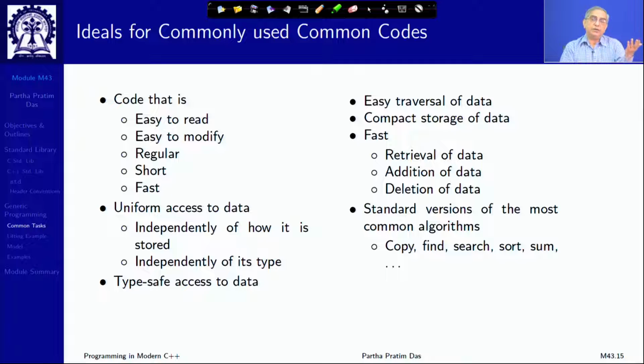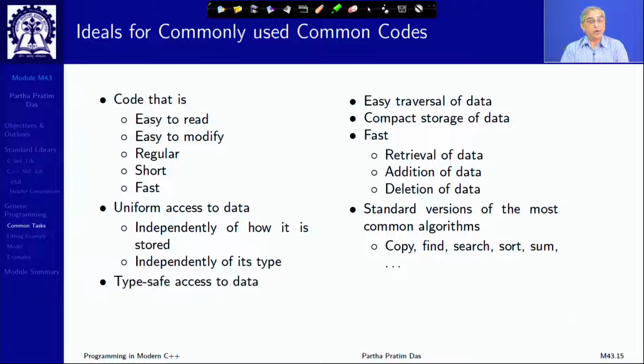I am doing a search on a data structure, I should not be bothered about whether the data is in a vector or in a list, whether the list is a singly linked list or a doubly linked list, and so on. And of course, it should be independent of its type.